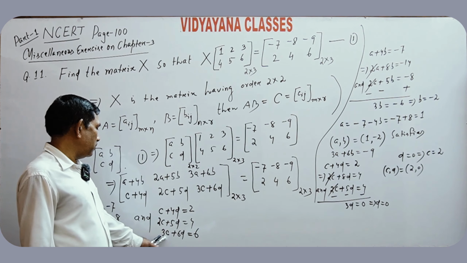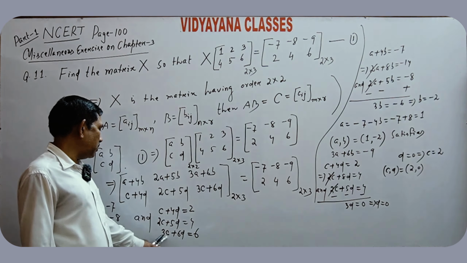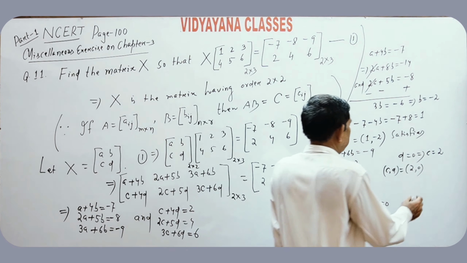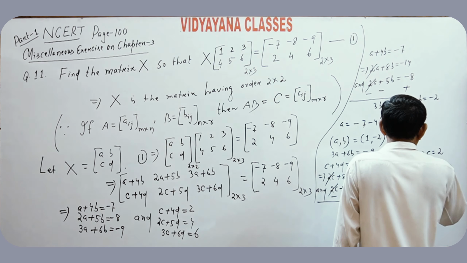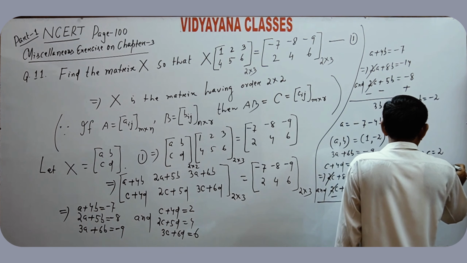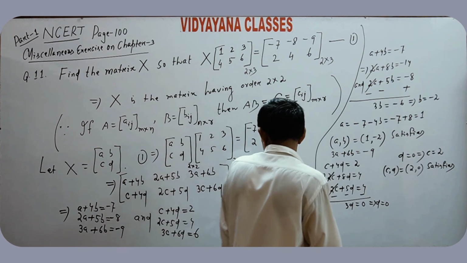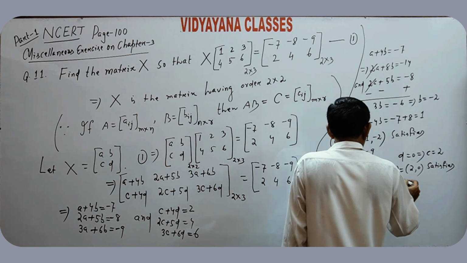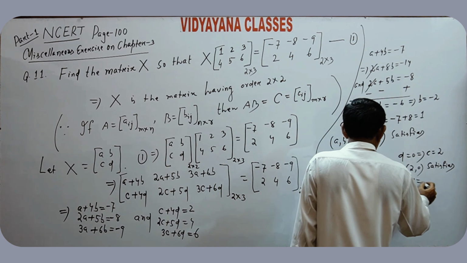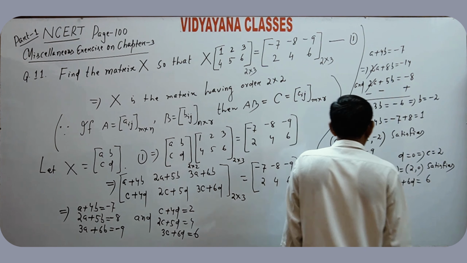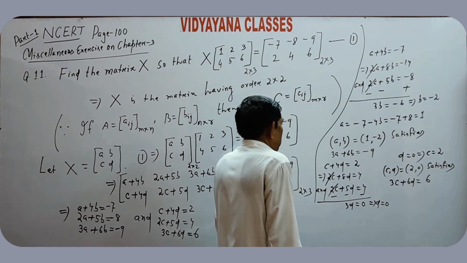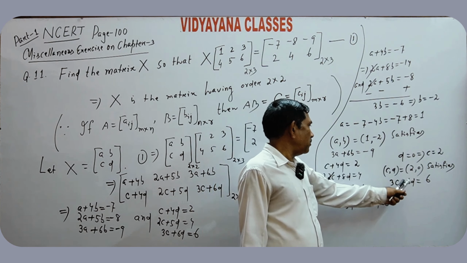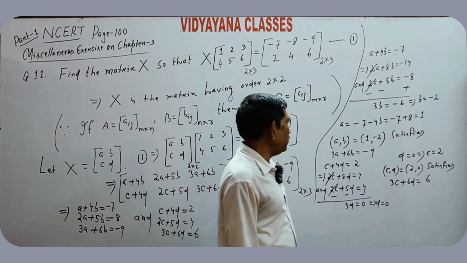C is equal to 2, 3 into 2 is 6, since D is equal to 0, it satisfies 3C plus 6D is equal to 6. So A is equal to 1, B is equal to -2, C is equal to 2, and D is equal to 0.